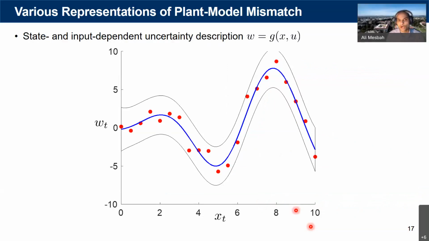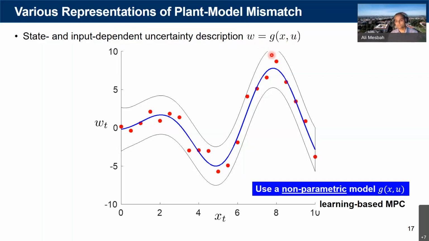So why don't we leverage advances in machine learning and artificial intelligence to learn some state and input dependent description of uncertainties, right? So we really treat these uncertainties W as a function of your states and inputs, right? So no longer are these descriptions state independent.